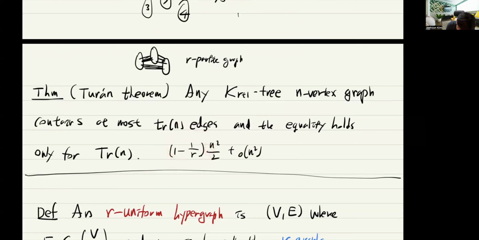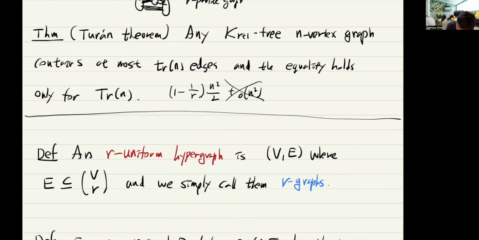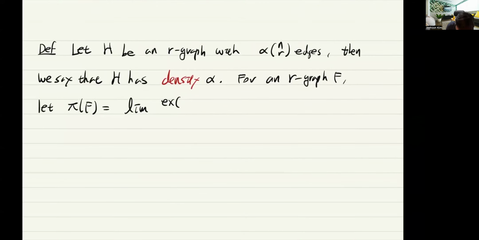So what constant do we get here? In order to forget about the smaller order terms, we use the following way of taking a limit. If you compute the extremal number of F and then divide it by n choose r, and let n go to infinity, what number do we get? That's the constant in front of the major term of the polynomial that we get there.